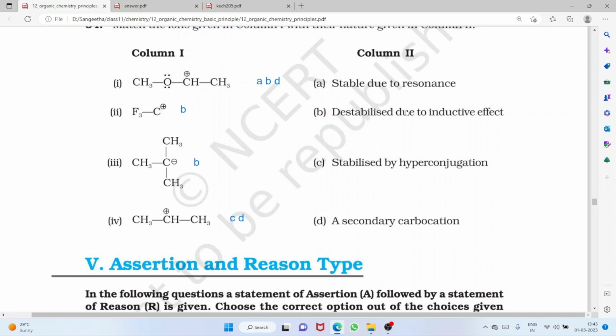In the other case, the charge is already negative, and these methyl groups will supply more electrons, so more negative charge will be formed here. Destabilized due to the inductive effect. D is a secondary carbocation, stabilized by hyperconjugation, with two carbons attached to the single carbon.